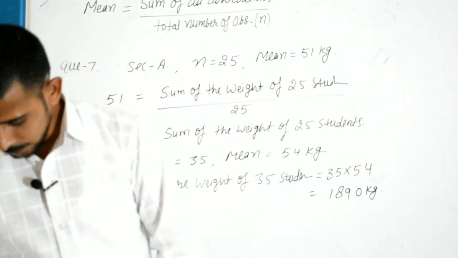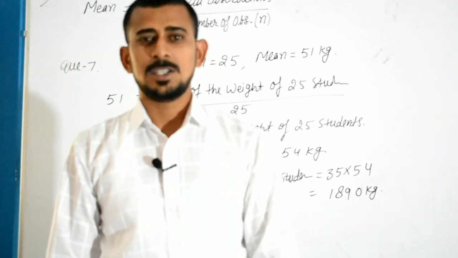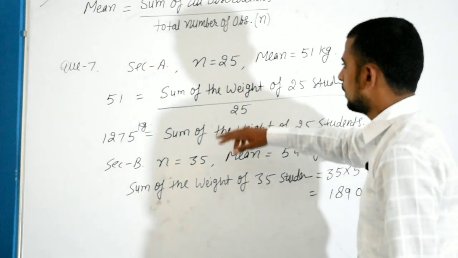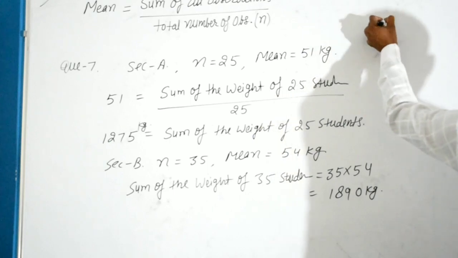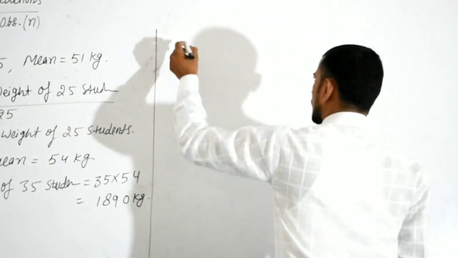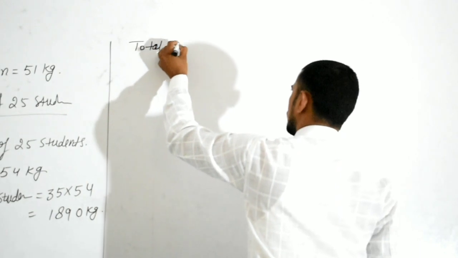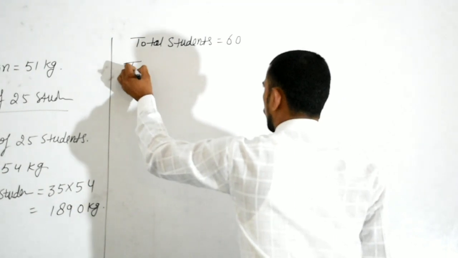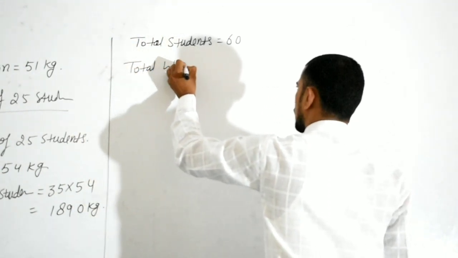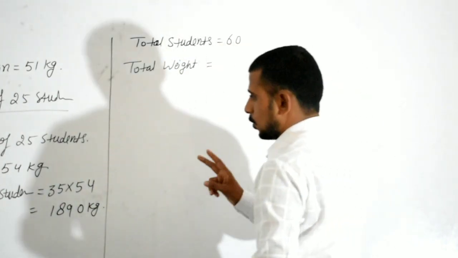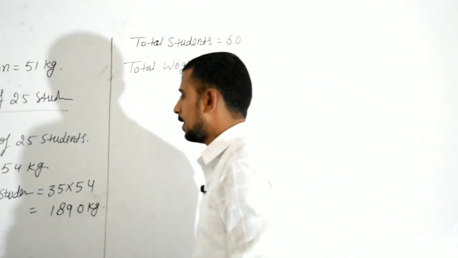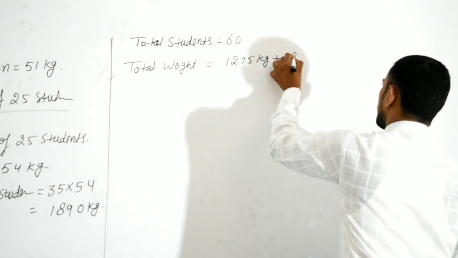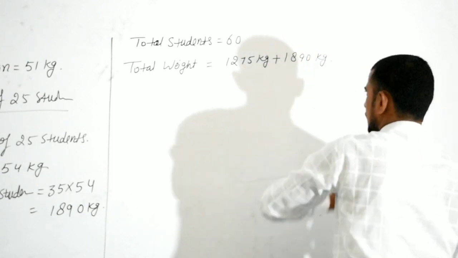Here 1275 kg. In this question, find the average weight of 60 students of both sections, section A and section B. It means in both sections the total students are 60 and the total weight of the students of section A and section B is 1275 kg plus 1890 kg.